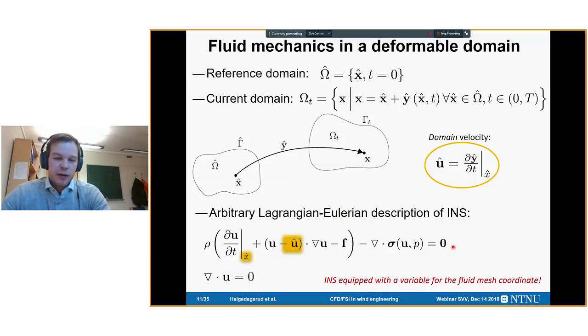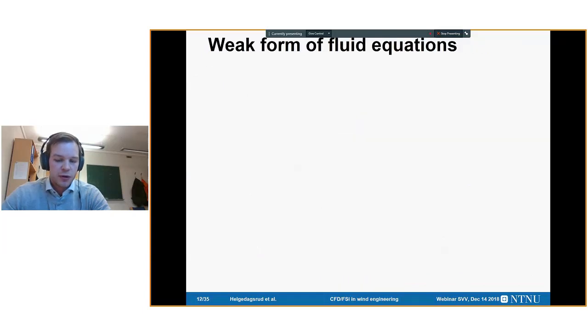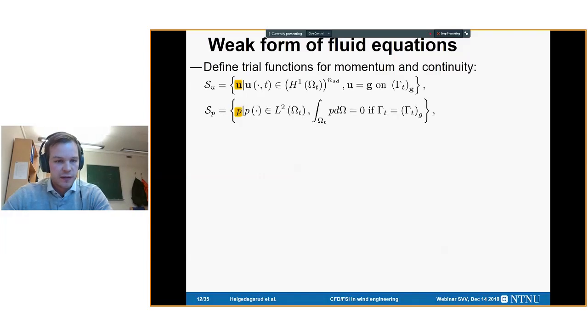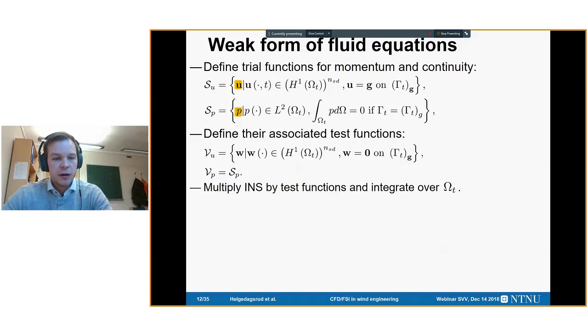This is the strong form, which means that it is satisfied in every point in space. For finite element implementation, we would need to find a weak form of the fluid mechanics equations. And I will not go very into detail here. This is just standard Galerkin method.